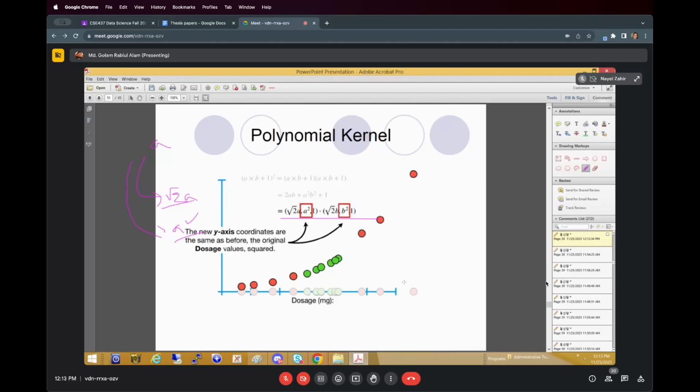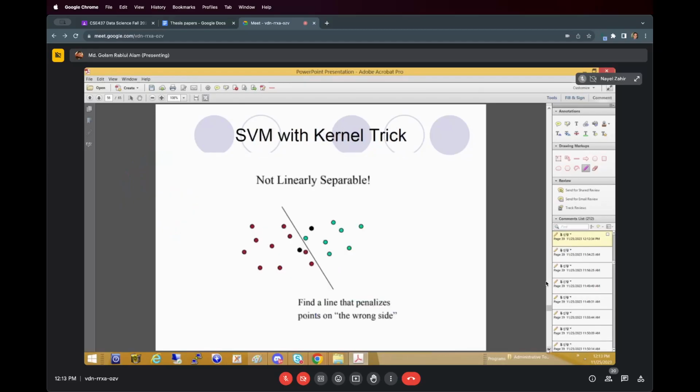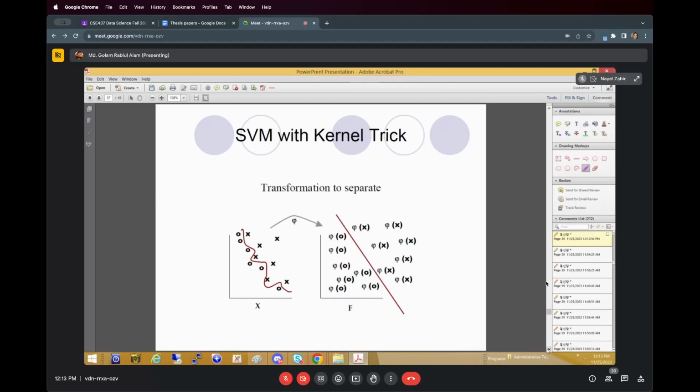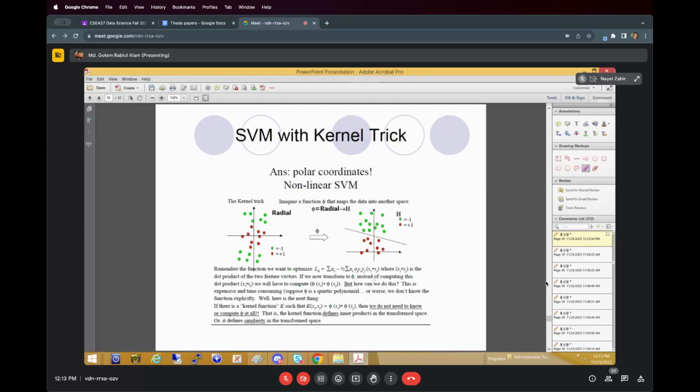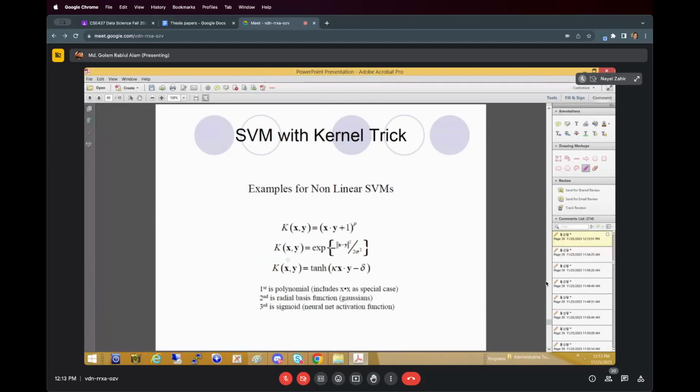So this is called our polynomial kernel, and there are several other kernels also. We have already discussed the radial basis function, the radial basis kernel. The radial basis kernel is one kind of Gaussian kernel.